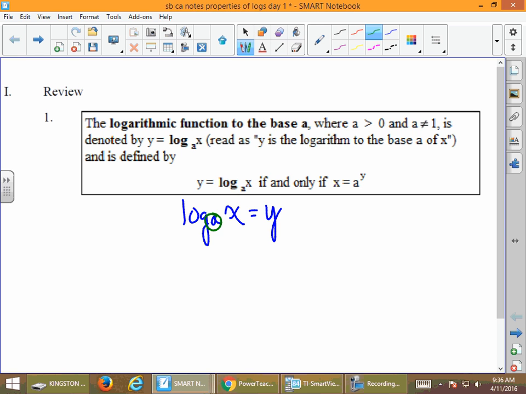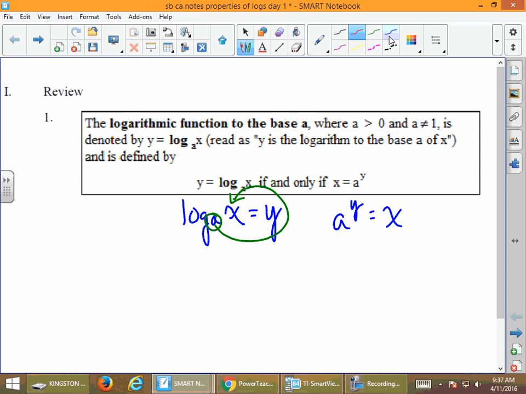So we take the a and we go around. So what happens is that we can then turn this into a to the y equals x, which is what we have up there in the definition, but how did it happen? It just happened by going around the world.